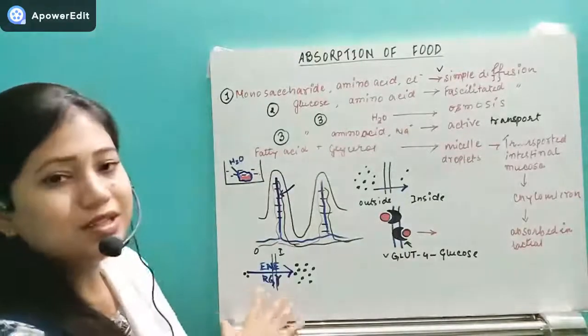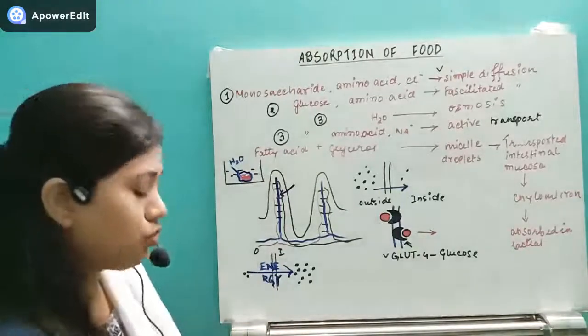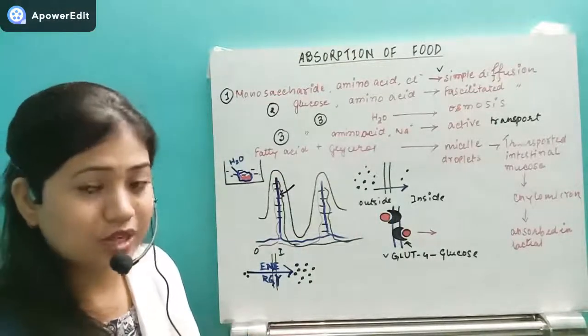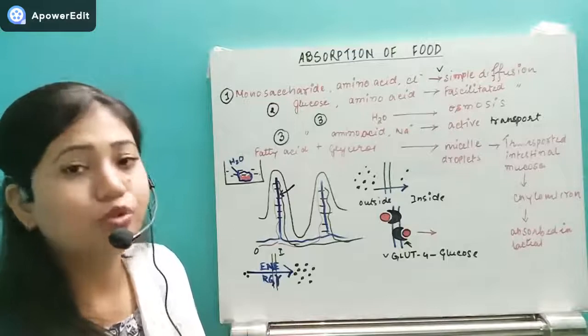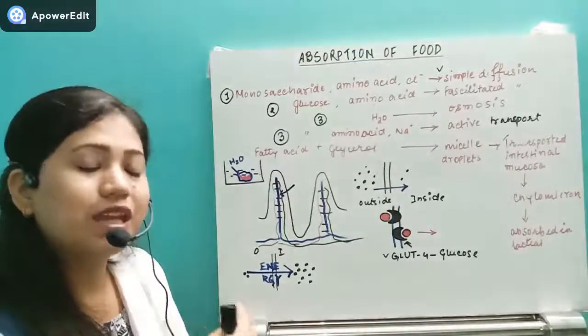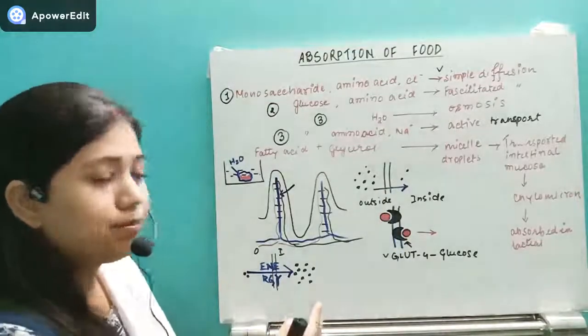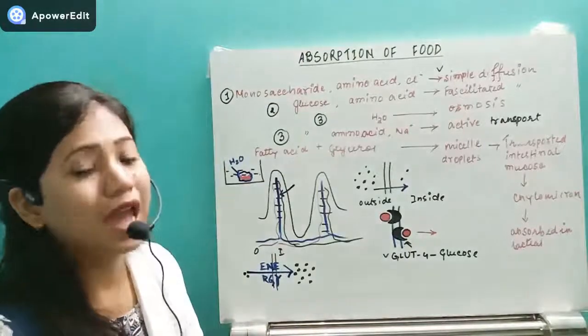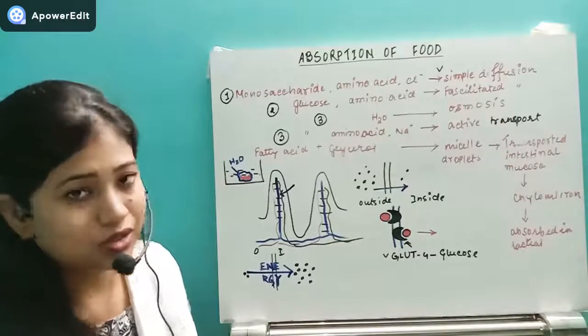So this is the active transport. So remember that carbohydrate, that is glucose, or protein, that is amino acid, can be absorbed by simple or facilitated diffusion, or active transport, depending upon the situation.